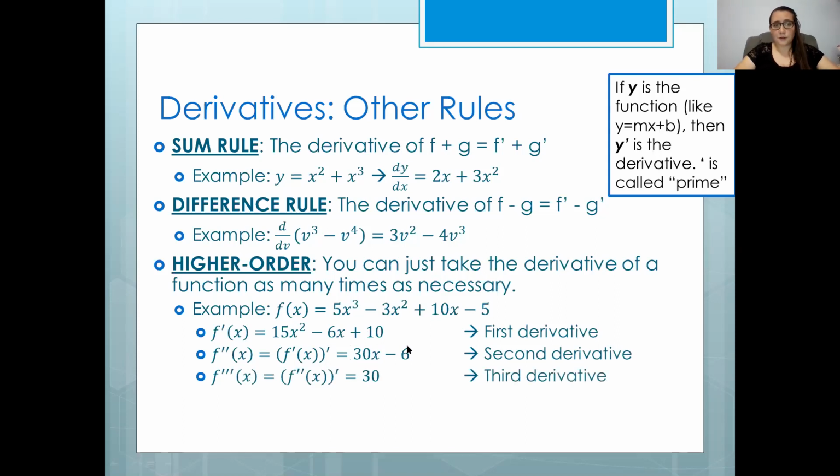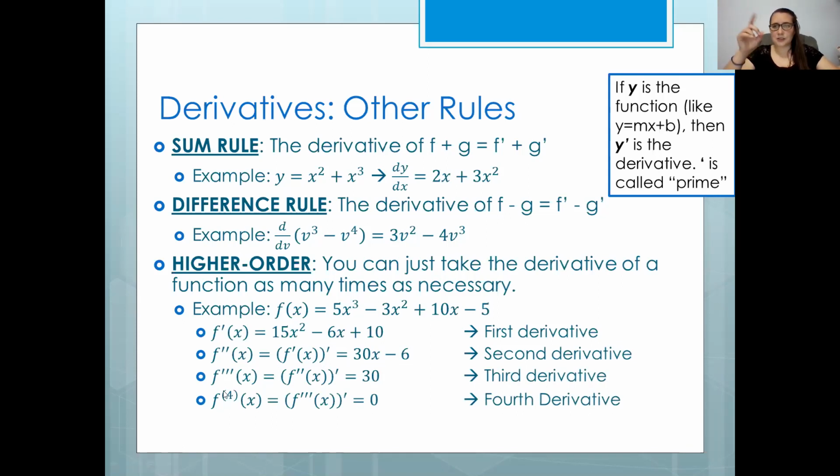We could take the third derivative if we want to, right? Add another prime, keep on going, take the derivative of this function. In this case, it's just 30, applying that power rule. We could take a fourth derivative, although you'll see here that the notation changes once we get up to that level of ridiculousness.